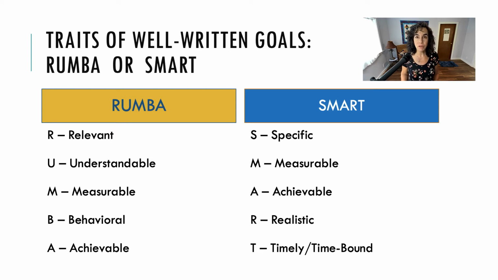Now, a lot of students kind of want to rip their hair out because they just want one set way of writing goals. What I can say is there's not just one way of writing goals, because when you go out into practice, you're going to be practicing in different environments, different contexts for different companies, and they will all have their particular way of presenting the goals.